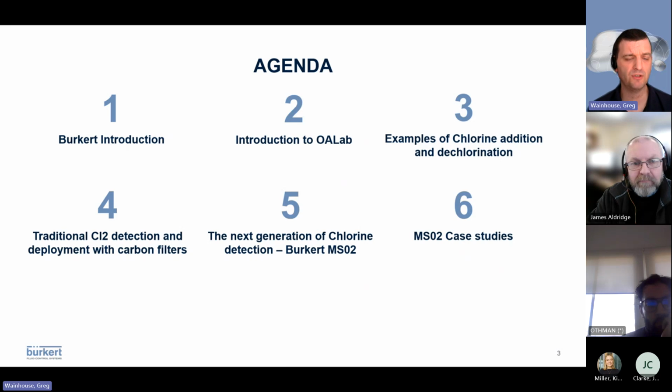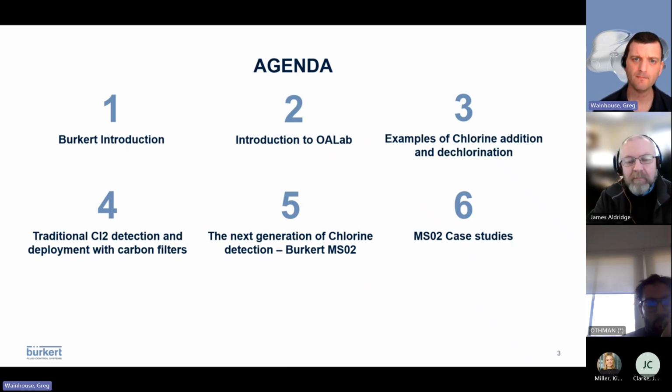We'll start off with a brief introduction for those who are not familiar with Bürkert. We'll then have an introduction to the OA lab. We'll also look at some examples of where chlorine is added and also removed, or dechlorination as we refer to it. We'll look at traditional chlorine detection methods and their deployment with applications such as carbon filters.